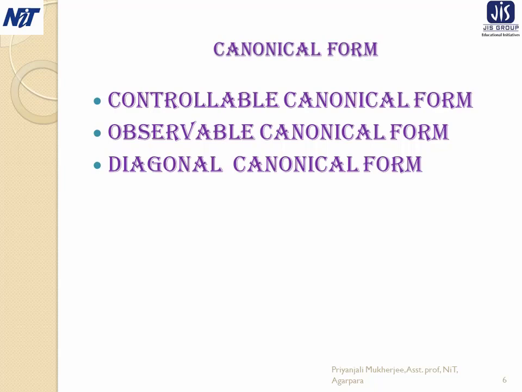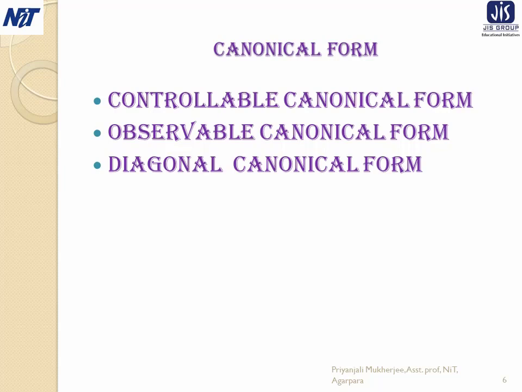We have already discussed the physical variable form and the phase variable form in the previous videos. Now the canonical variable form can be classified as the controllable canonical form, observable canonical form, and diagonal canonical form.